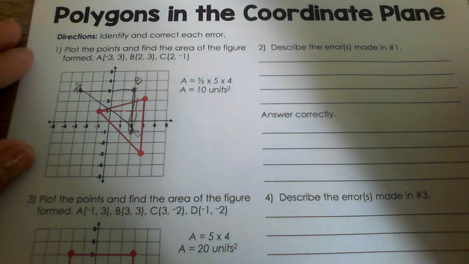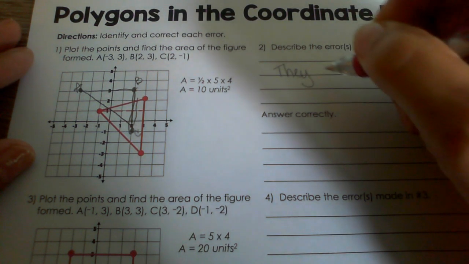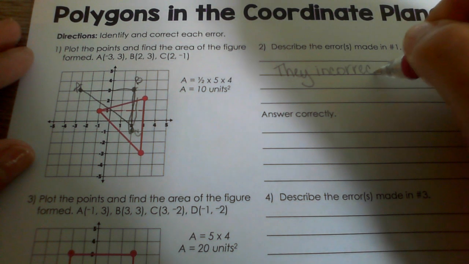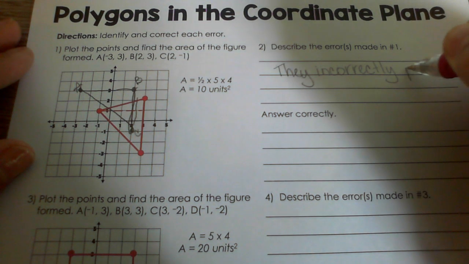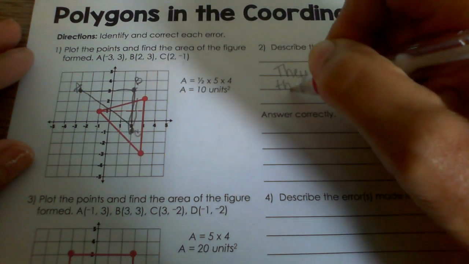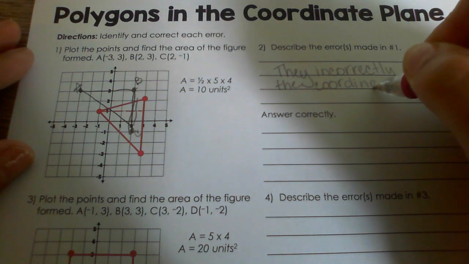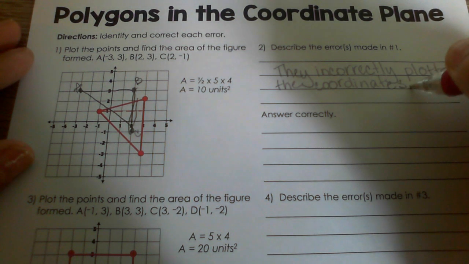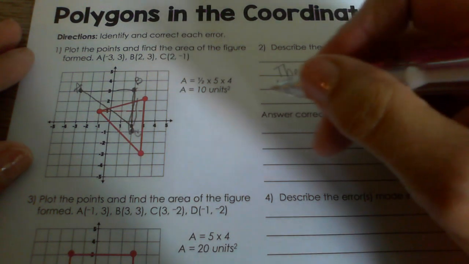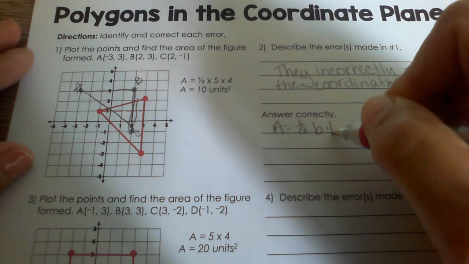So number 1, okay, so we fixed that. Then now we need to answer it correctly. So our area is still going to be half of the base times the height.